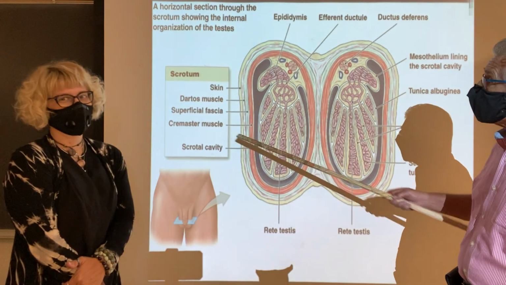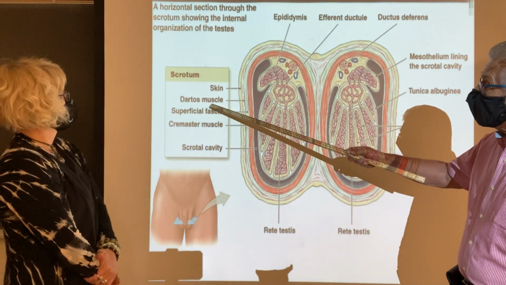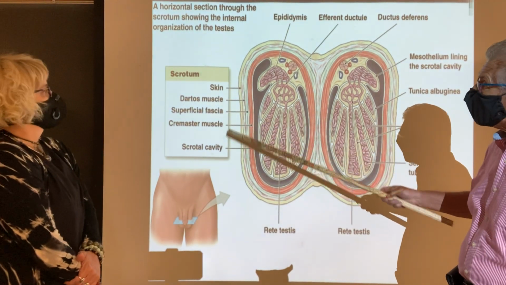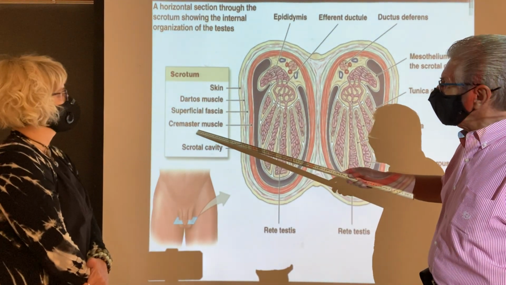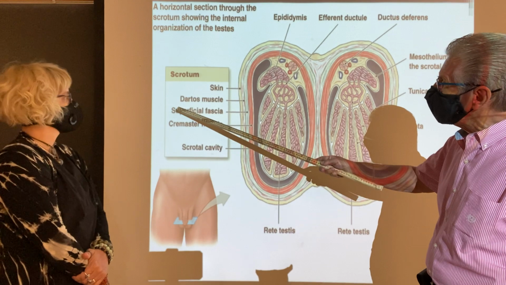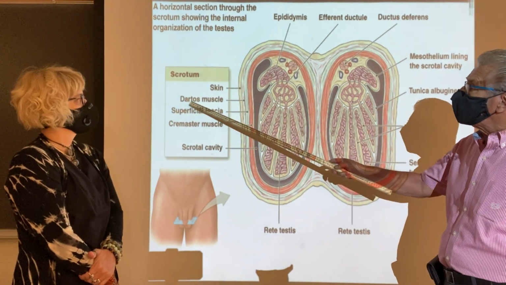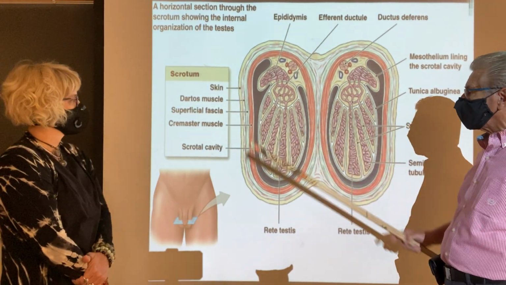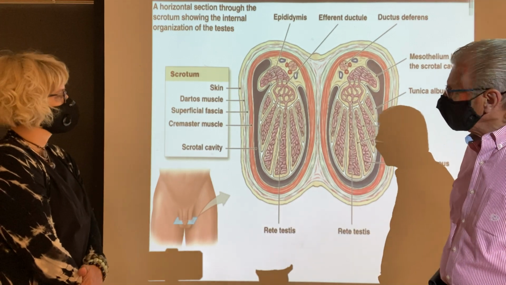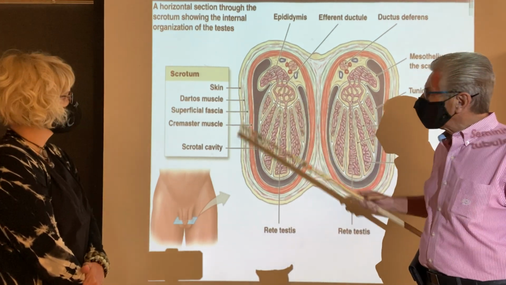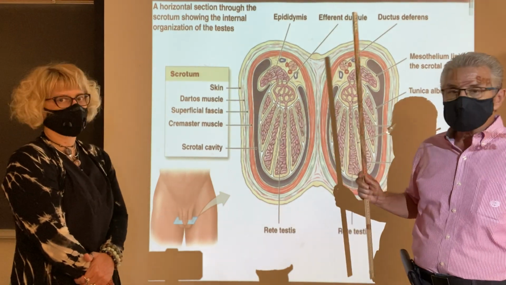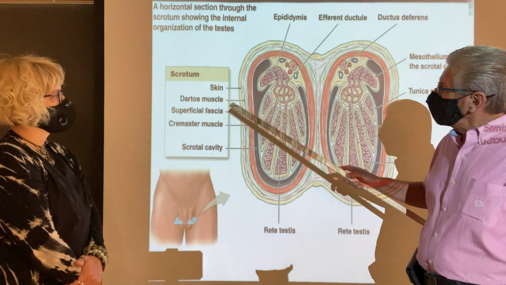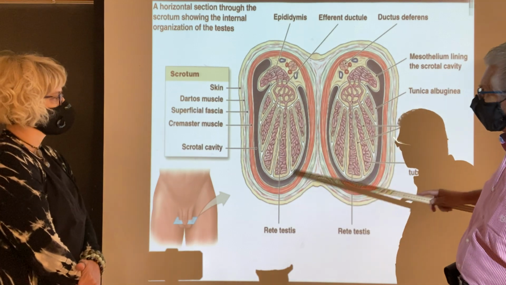Now, there are two terms here that I don't have on my outline, but I always talk about, because we see this in boards and in exams. What is the dartos muscle and the cremaster muscle, and why are they important? Well, let me explain. The dartos muscle is smooth muscle that surrounds the testicles.